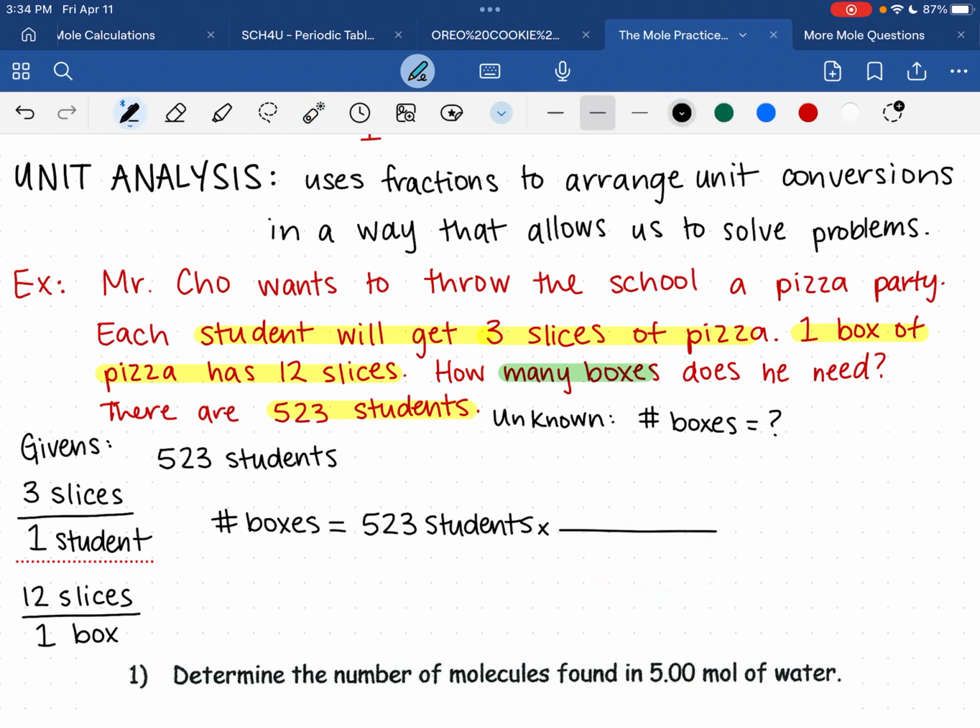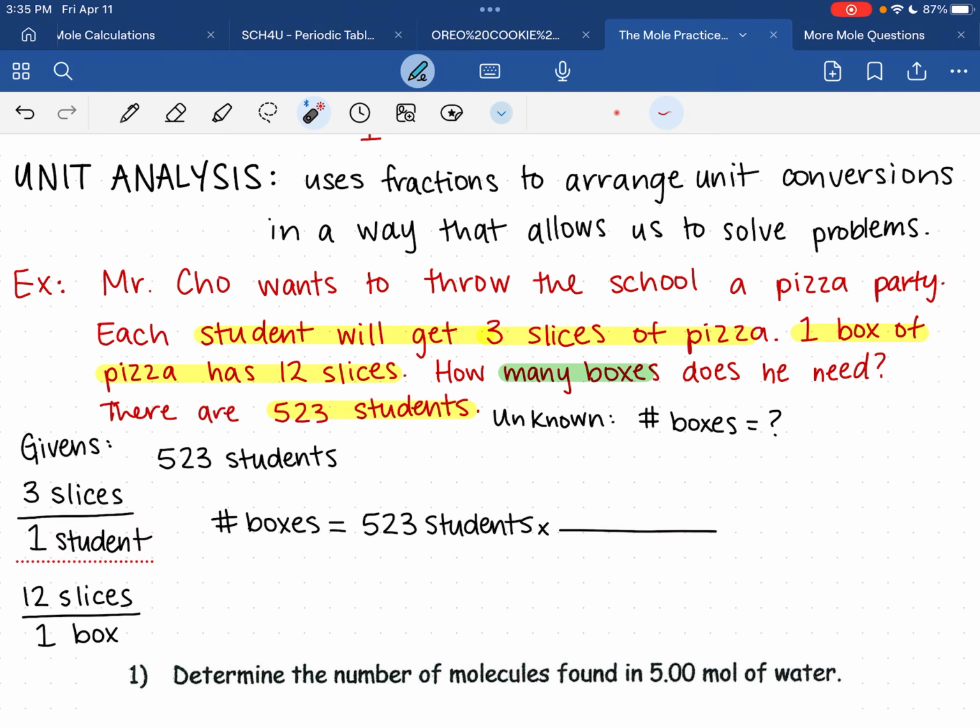So of our 2 conversion factors, we've got 3 slices a student and we have 12 slices a box. We're using the first one because there's students there. There's no students in the second one. We want to arrange this so that we have students in the denominator.